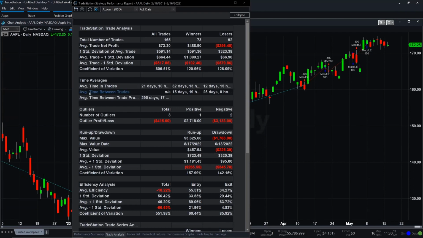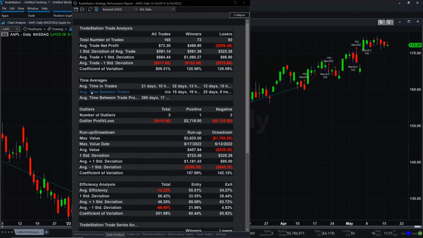Now, when it says average time between trades, it's interesting because we have an NA, not available. What type of strategy did we say that we were going to test? We tested a MACD strategy, but we don't have any exits per se.